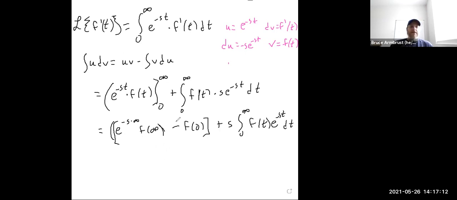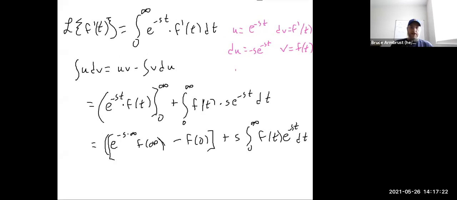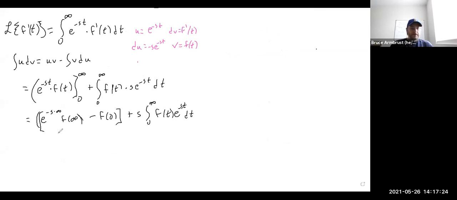All right, now, if this converges, which is the only time we care about this, right? When it converges. But if this converges, this is going to have to go to 0, because otherwise it's going to blow up.